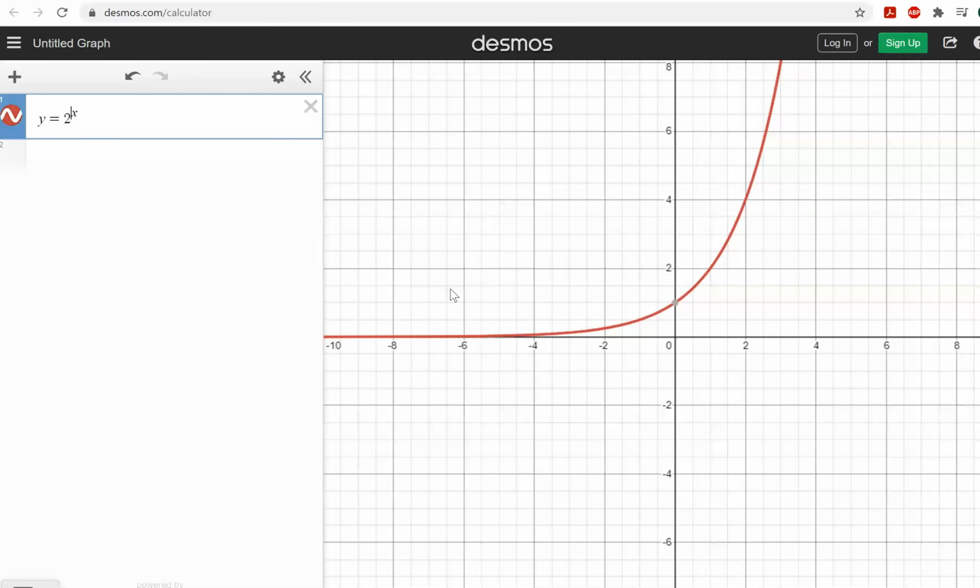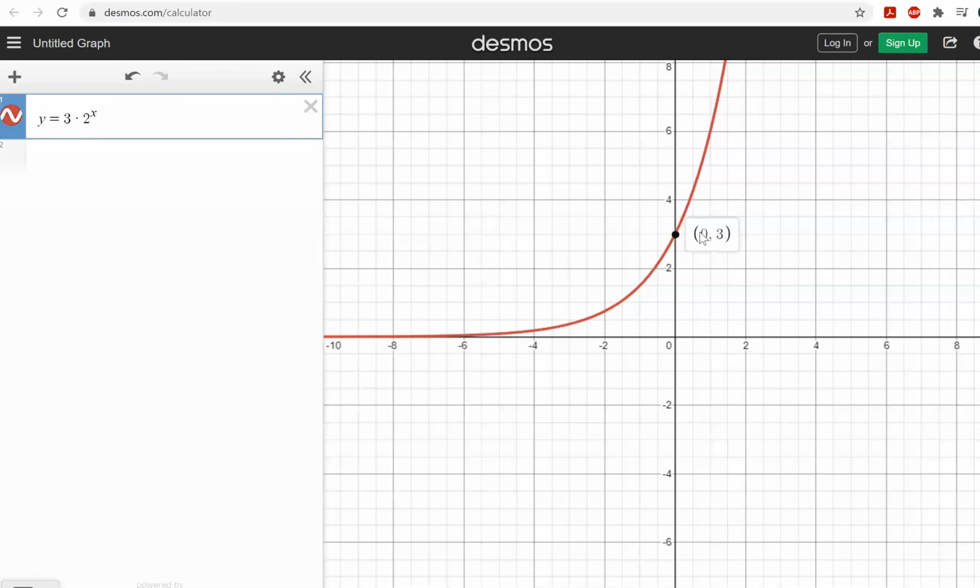We could multiply on the outside, which we've actually seen already. If I go 3 times 2 to the x, now we can see that initial value of 3 coming through, and what happened was this vertical stretch. It started at 1, but if you multiply 1 by 3, it takes you up to 3. Where we had the point (1, 2) before, now we have the point (1, 6).